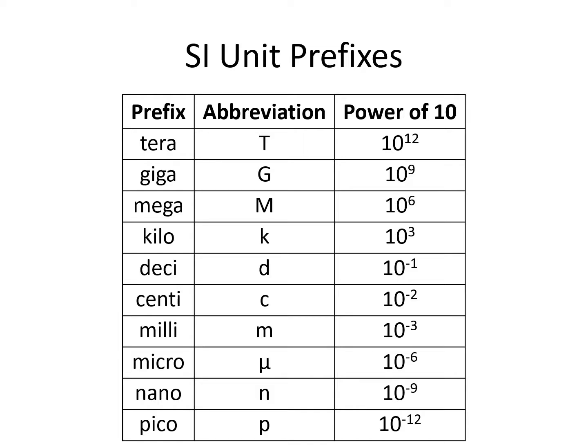Many of the units are separated by 3 orders of magnitude, 3 powers of 10. For example, there are 3 orders of magnitude between milli, 10 to the minus 3, and micro, 10 to the minus 6. You will need to memorize this chart, especially everything from kilo on down, since we typically work with small things in chemistry.